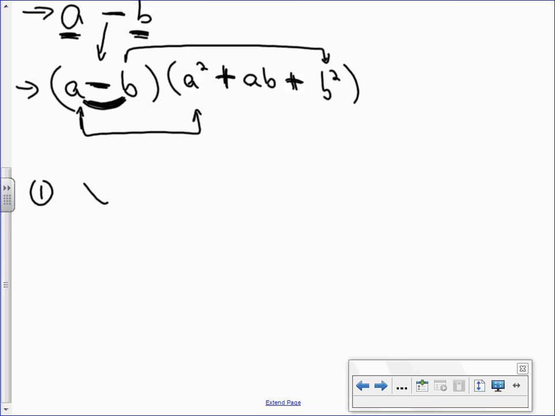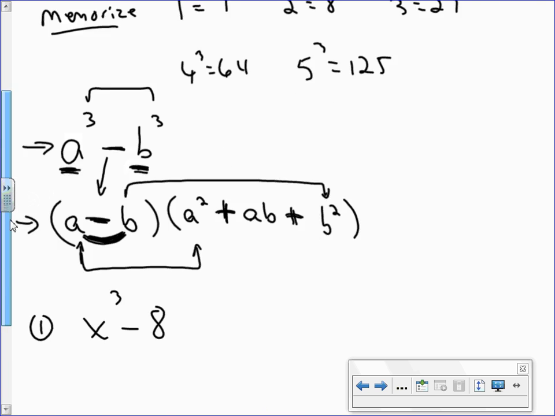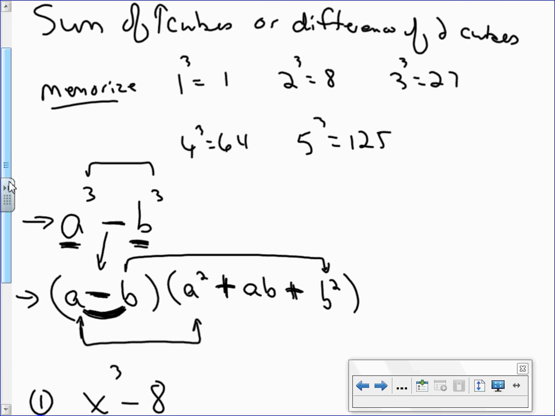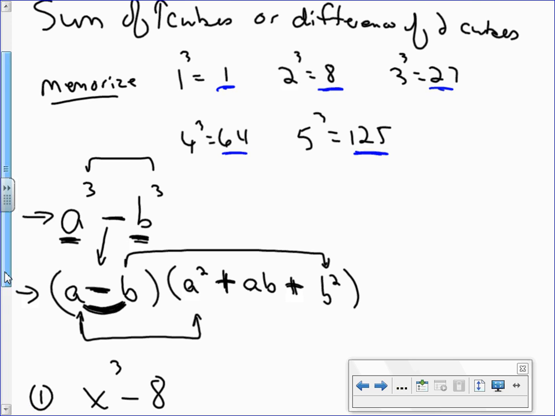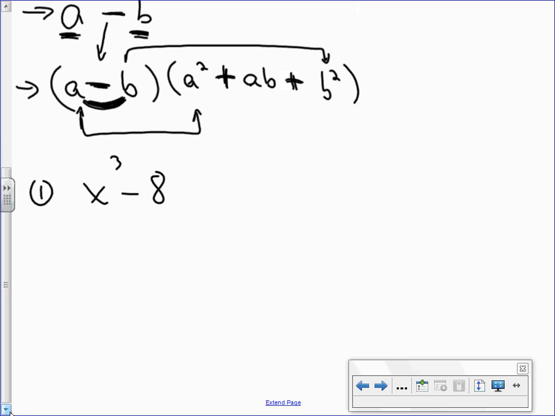Okay? So we'll do x cubed minus 8. The numbers that are going to show up in these problems will be these numbers. Those are the numbers that we're looking for that tell us that we might be looking at a difference of 2 cubes. Okay, so the difference between an x cubed and that's a 2 cubed. So we know that we're going to have the right structure, a binomial and a trinomial.